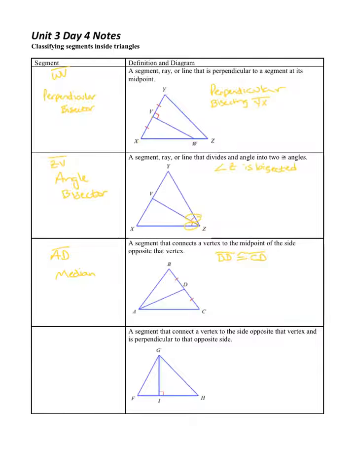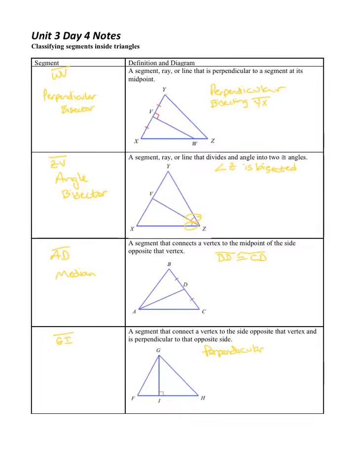Now the last type we're going to do is GI. Segment GI connects a vertex to the side opposite and is perpendicular. So we see it's perpendicular.